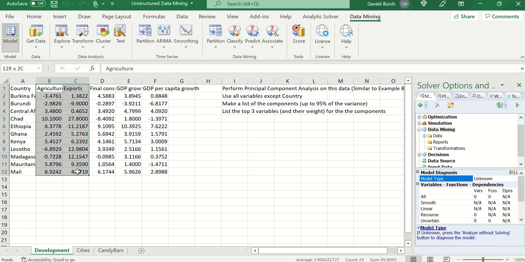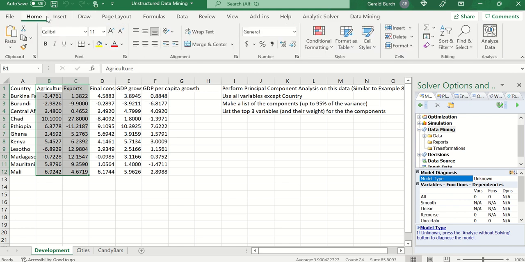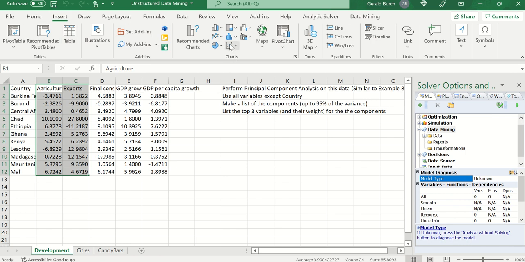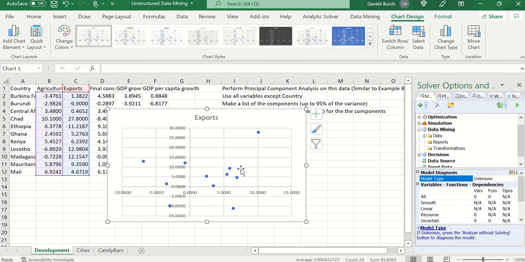For example, if I say that agriculture has something to do with exports, you know from working with Excel in the past that you could insert a scatter plot. And the scatter plot would show agriculture on one side, exports on the other, and this relationship between these two variables.